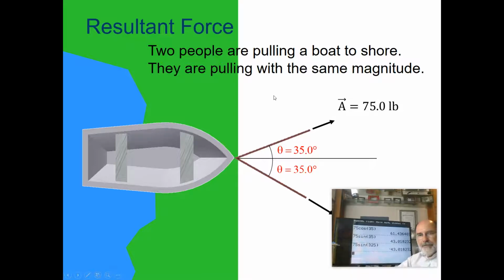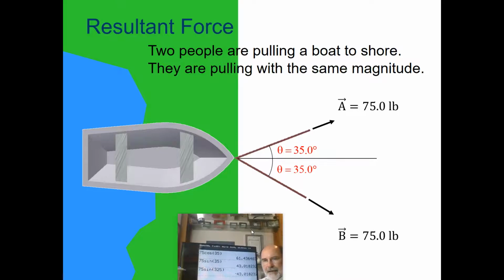All right, so here's a diagram that shows a boat being pulled out of the water onto the grass, and there are two people pulling on this boat. Person A is pulling with a force of 75 pounds at an angle of 35 degrees up and to the right in the orientation of this piece of computer screen, where up means towards the top of the screen.